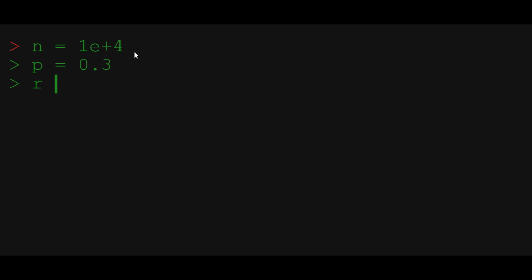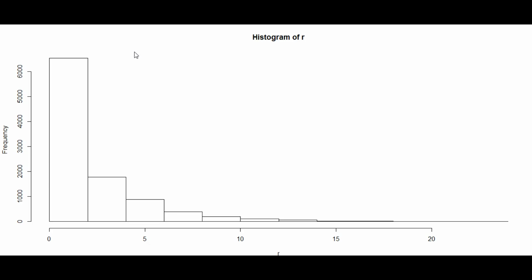To do that, we use the R geom function with arguments n and p. If we look at the histogram of the generated vector, we indeed see that the probability of getting high results goes to zero exponentially fast.